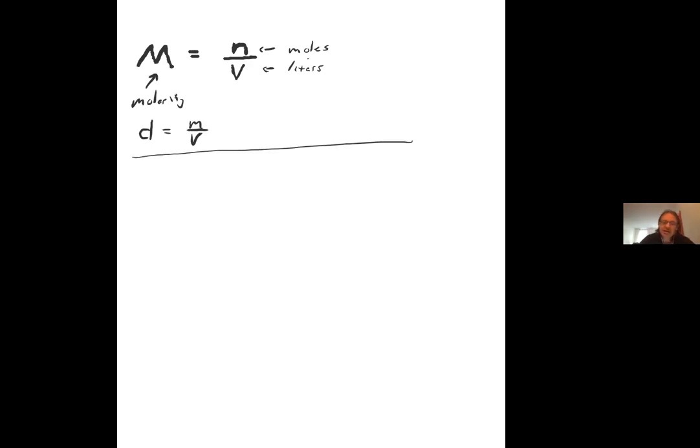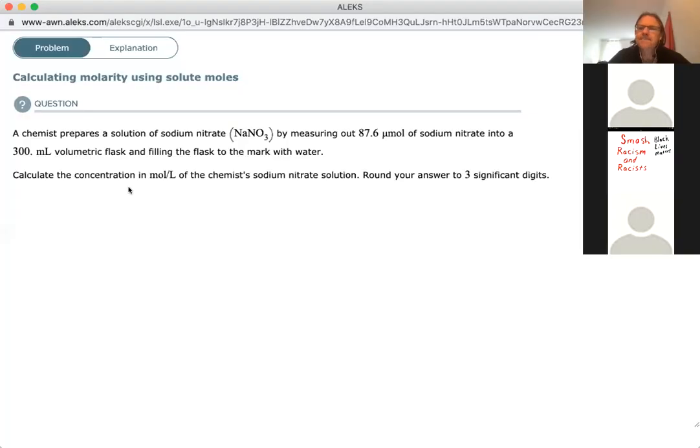So let's take a look at an example. Let me just stop this screen share here and let's share this one. Okay, there we go. So calculating the molarity using solute moles. In this one, they're going to give you the moles of the solute.